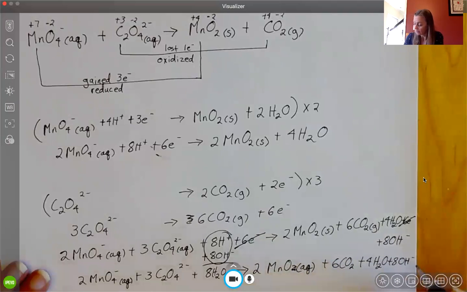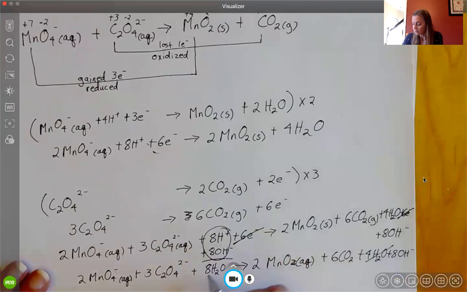And now we can simplify a little bit. We have 8 waters on this side and 4 waters on this side. So this is going to become a 4.